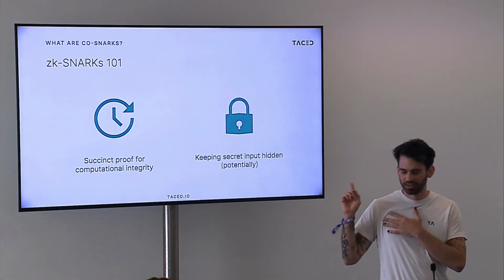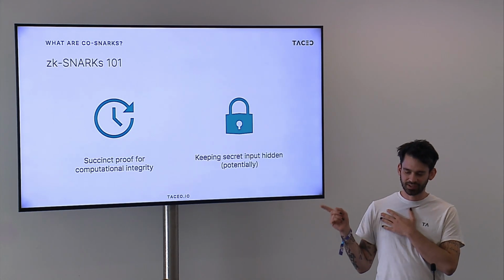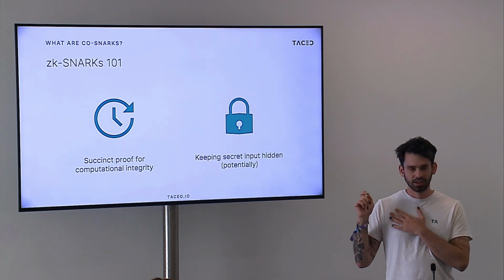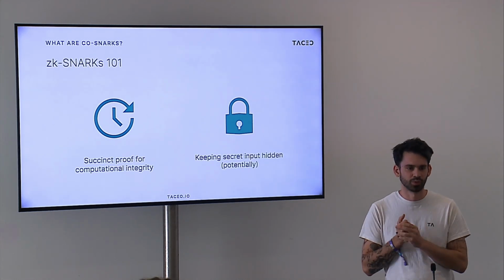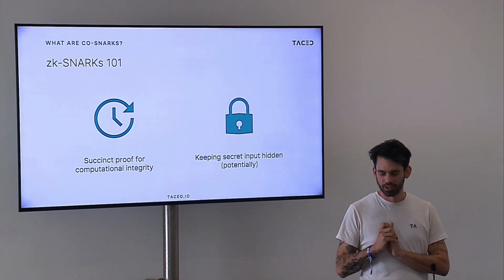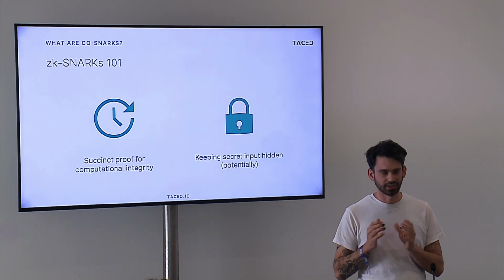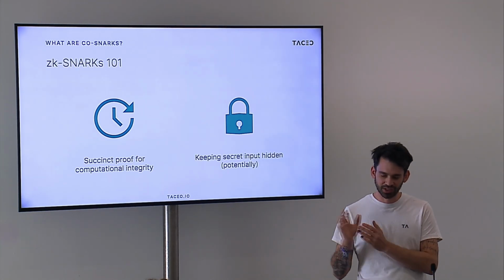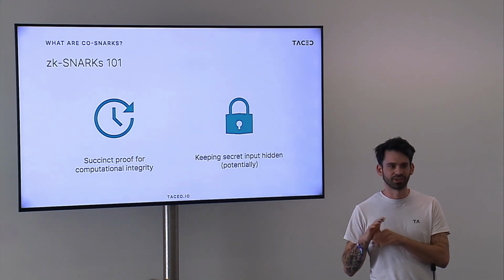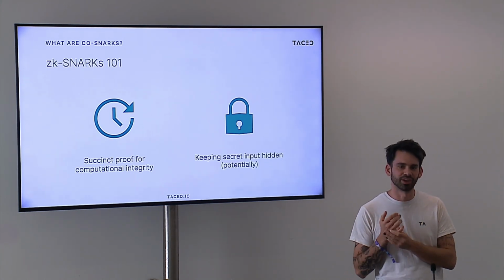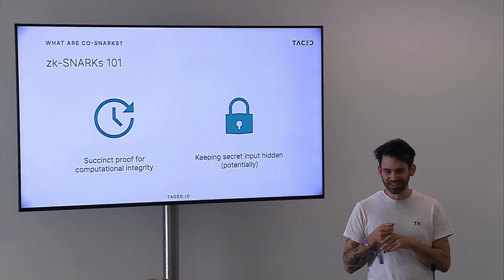But keep in mind, if you talk about zkSNARKs, they can do a succinct proof for computational integrity. So it can verify some computation that was done in a very easy, succinct way, and potentially keep secret input hidden. I say potentially because everyone is talking about ZKPs, but for scalability, we actually don't need the ZK part.